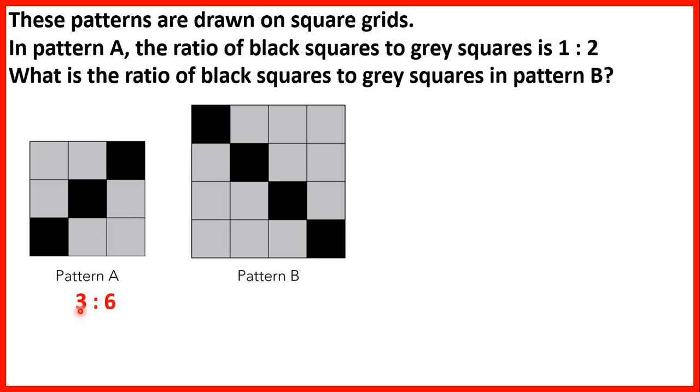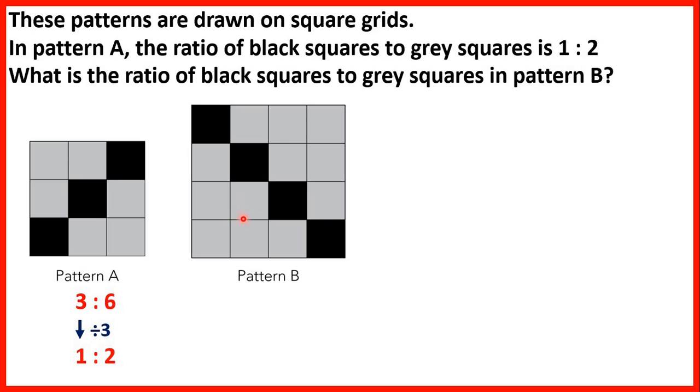So the ratio is 3 to 6. But we can simplify ratios in the same way that we simplify fractions, so by dividing both numbers by a common factor. So 3 divided by 3 is 1, 6 divided by 3 is 2, so that's why the ratio in pattern A is 1 to 2.